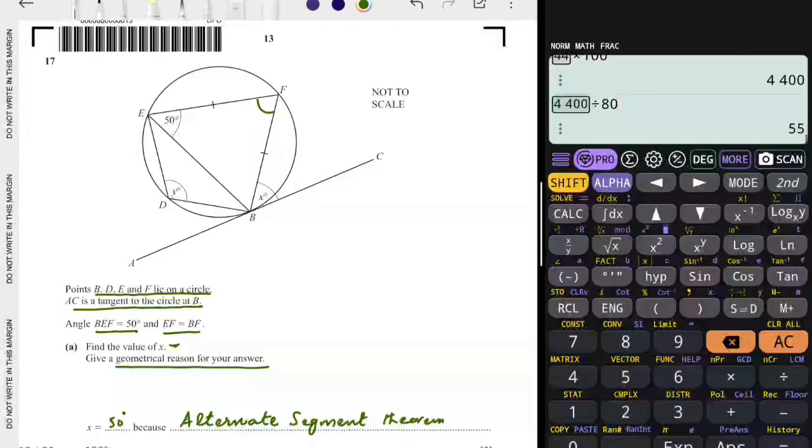As you can see, D, E, F and B, four points are touching a circle, meaning this is a cyclic quadrilateral. According to the property, opposite angles add up to 180. So first of all we have to find angle F. The indicators show that this is an isosceles triangle, so this angle would also be 50.